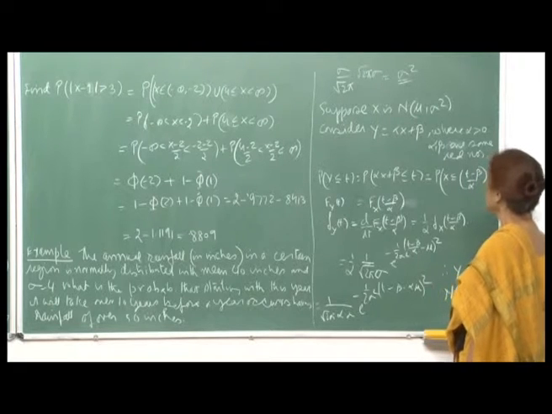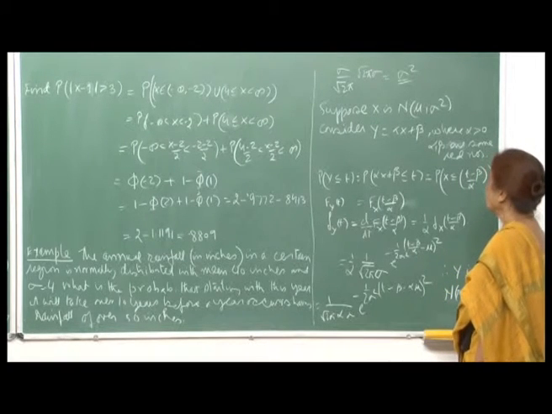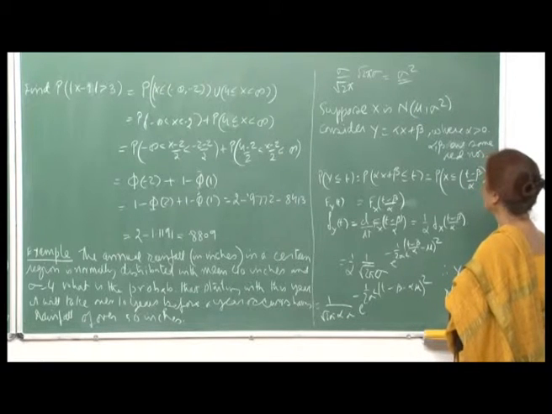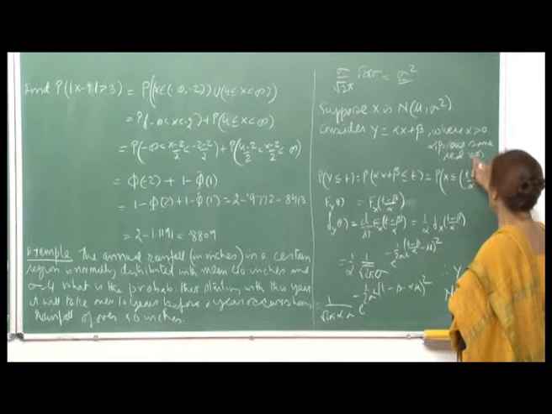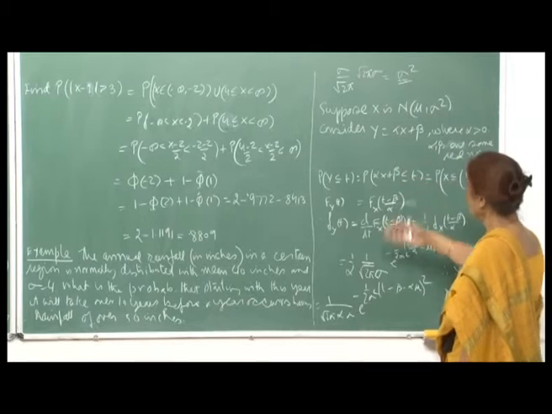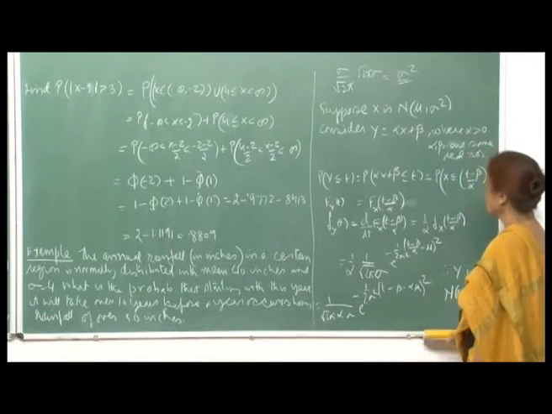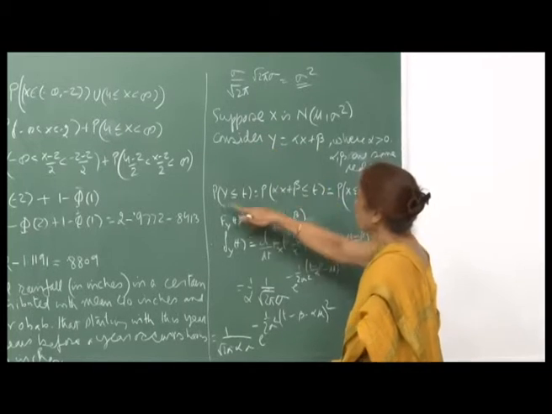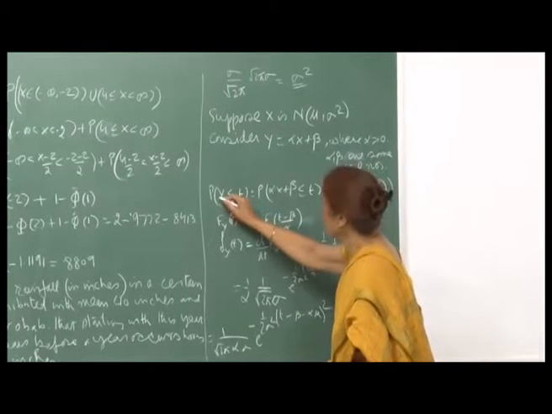Now, suppose X is N(mu, sigma square), and we consider the random variable Y equal to alpha X plus beta, where alpha is a positive number and alpha and beta are some real numbers, right. So, I am continuing with the properties of the normal distribution. If you want to find out the PDF of Y, then we start with the cumulative distribution function.